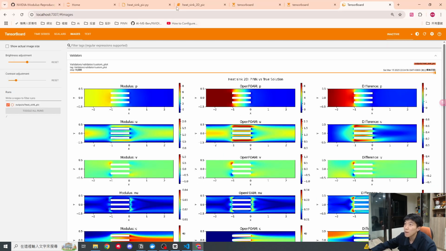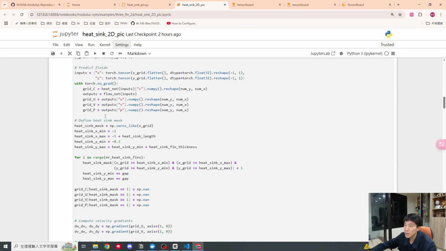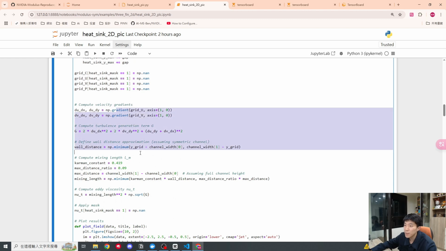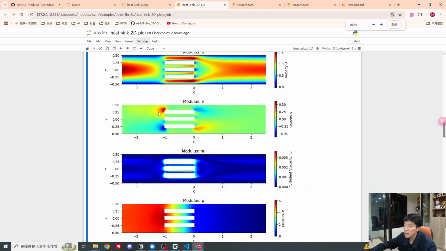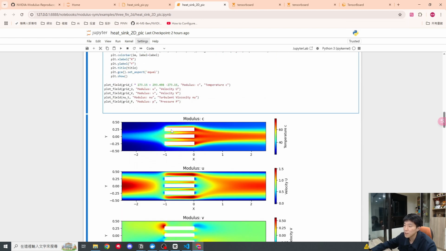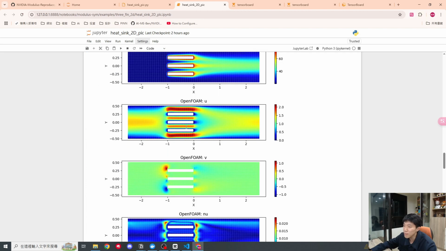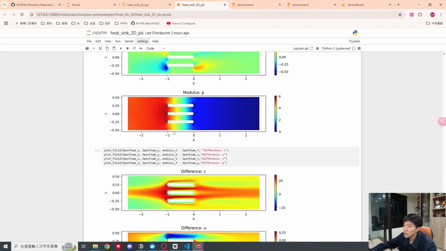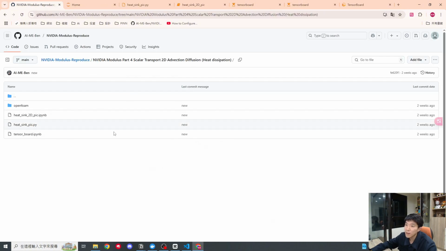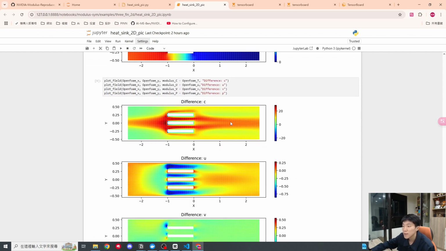I also provide some code in this IPY notebook, and this can plot the image directly from the Jupyter notebook, and I provide this code on my GitHub website, so you can use this code to plot if you want.